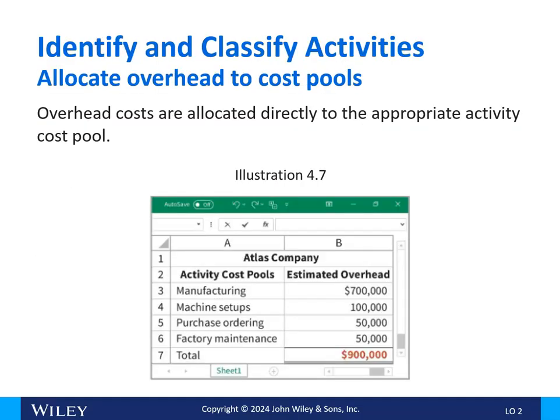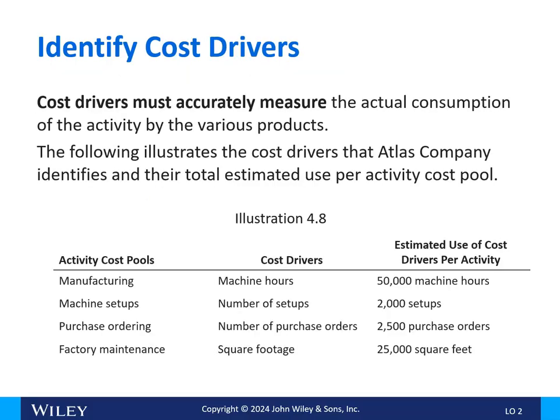So for Atlas, we're going to look at 4 cost pools: manufacturing, machine setups, purchase ordering, and factory maintenance. So we have estimated overhead for each of those buckets, which total $900,000 of factory overhead. Now we'll look at cost drivers.